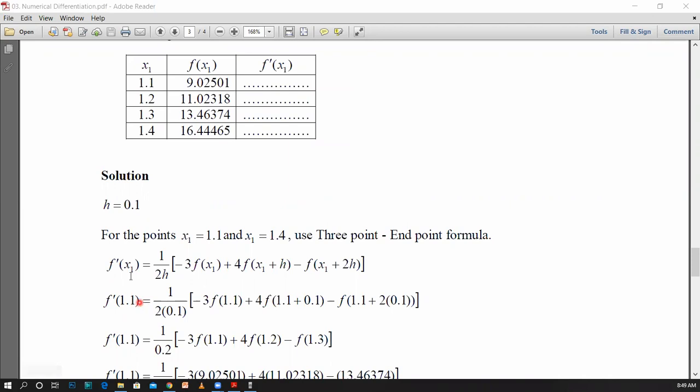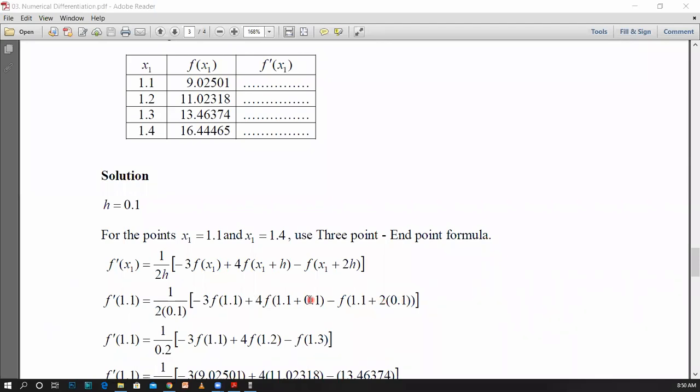Therefore, I am getting 1 divided by 2 times h. The value of h was 0.1. Then this times minus 3 times f of x1, where x1 is 1.1, and I am substituting that value. Then plus 4 times f of x1 plus h, with x1 as 1.1 and h as 0.1, minus f of x1 plus 2h, which is 1.1 plus 2 times 0.1.